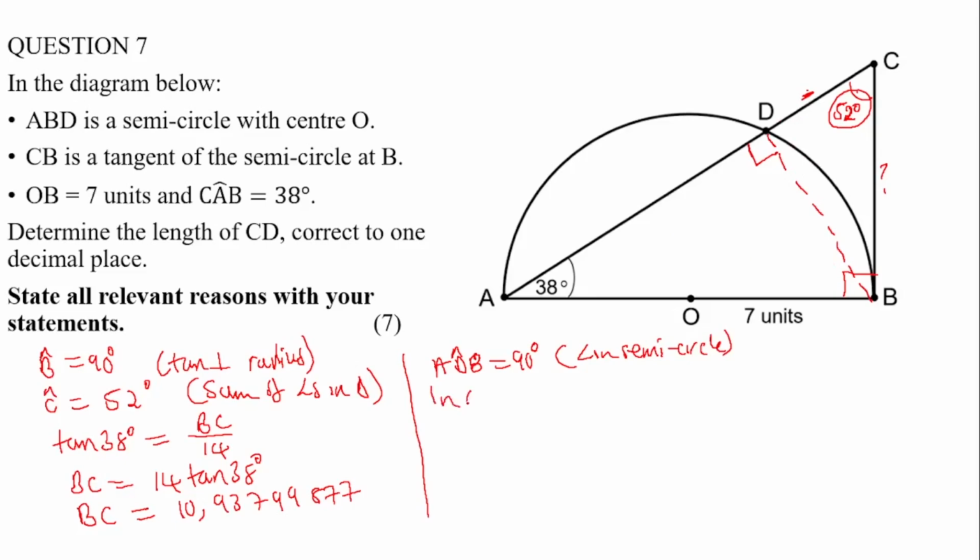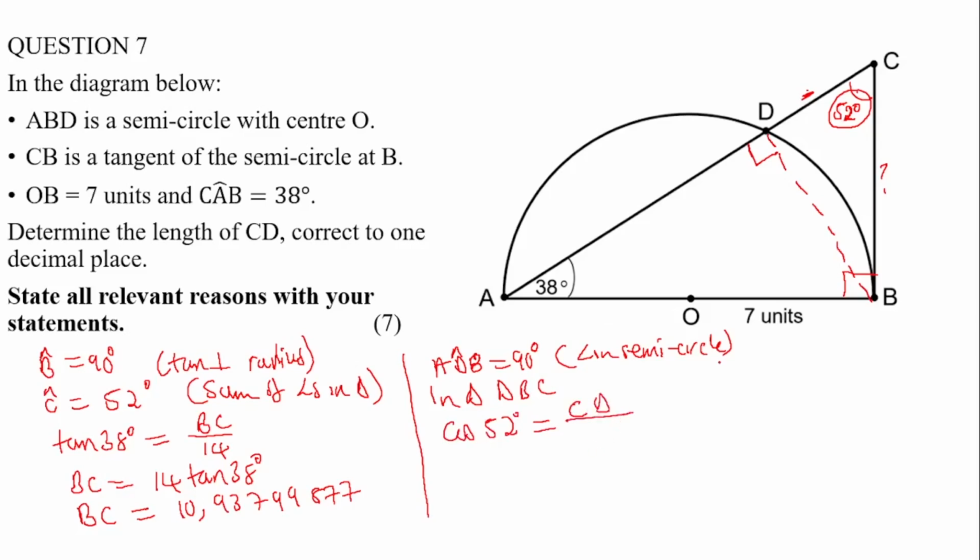So in triangle DBC, right, we can say that DC is the adjacent side, and then BC is the hypotenuse. So we can use the cosine of the angle. So cos 52 degrees is equal to DC or CD over BC.